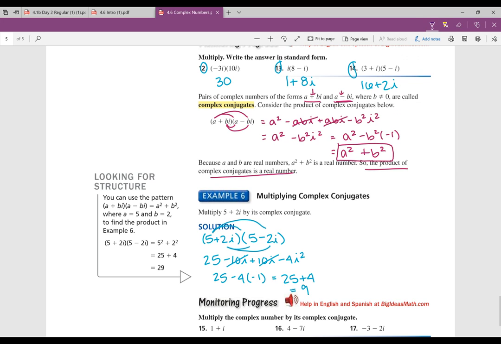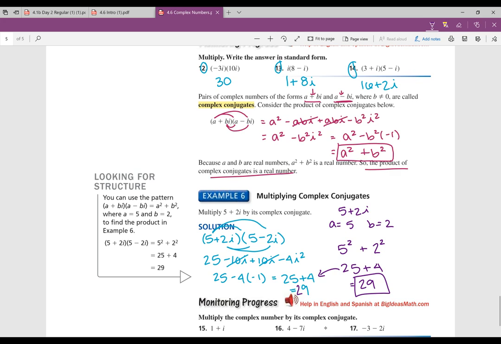Now you can also use this pattern if you would like to memorize it: a squared plus b squared. In this case, for 5 plus 2i, our a would be 5, and b is 2. So we'd have 5 squared plus b squared, which is 2 squared. So we're going to get 25 plus 4, which if you notice is what we got right there, and it will equal 29.